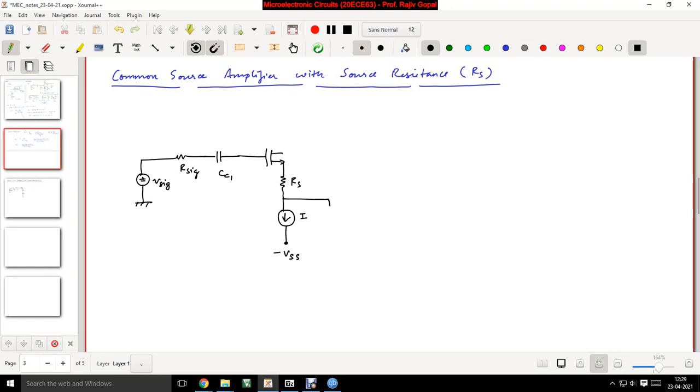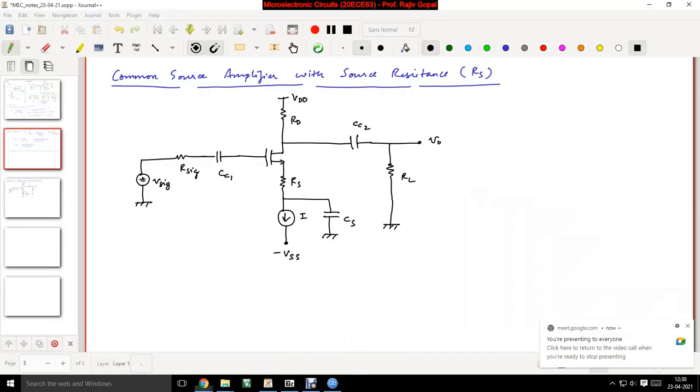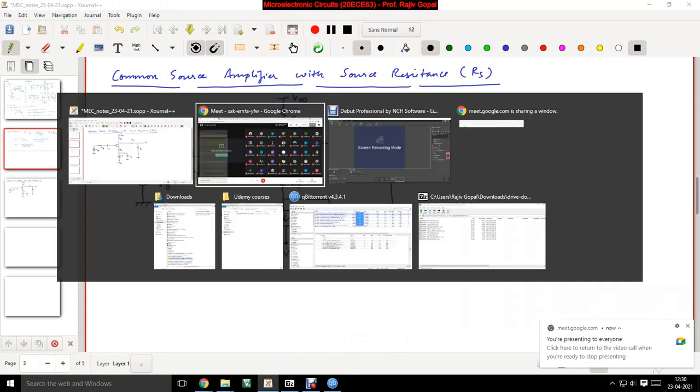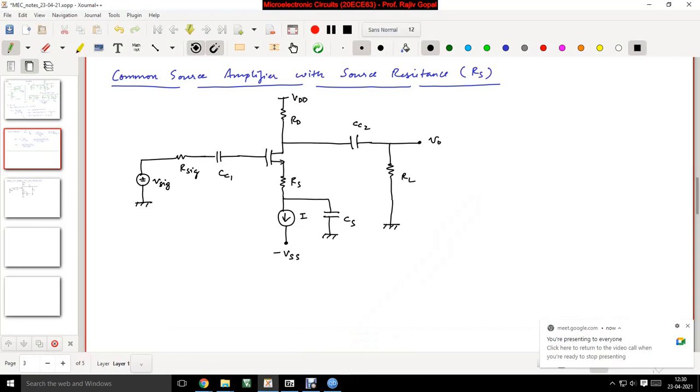I have here bypass capacitor CS, and here I have VDD. Again you have RD here. This goes to CC2. This goes to RL. And this is V naught. Now I've just added RS here, nothing else.